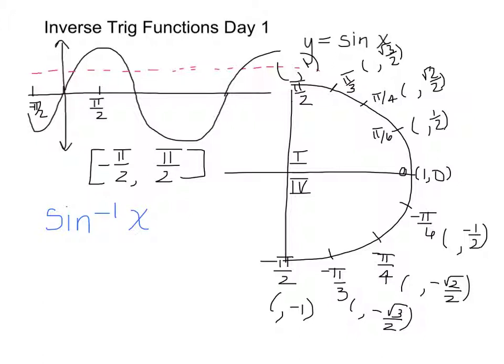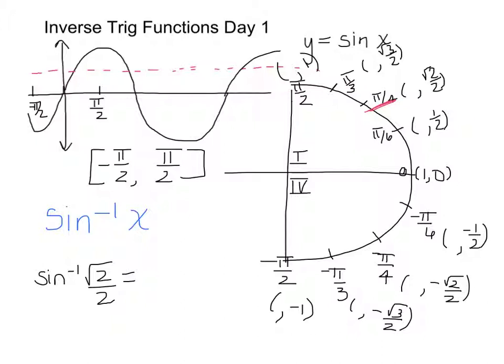Well, actually, I'll do one now. So it'll say something like, find the exact value of sine inverse of square root of 2 over 2. So if you notice, square root of 2 over 2 is right here at pi over 4.